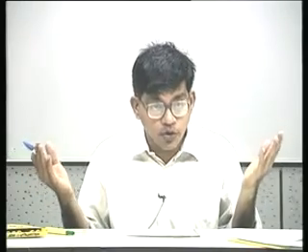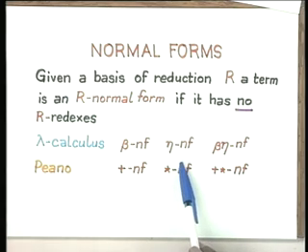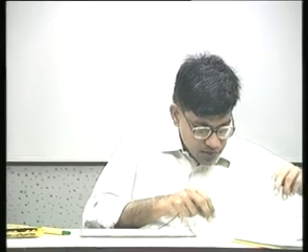So, you perform all the beta reductions, still you can find no more beta reductions, no more beta redexes, that is the value. Similarly, you can talk about eta redexes and eta normal forms, as a term is an eta normal form if it has no more eta redexes, and a beta eta normal form is one where you can neither find a beta redex nor an eta redex, right. And essentially the computation terminates there, and that itself is regarded as a value of the original term you started out with. Okay.